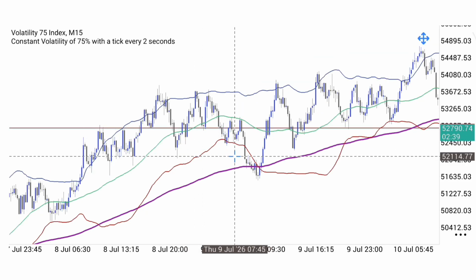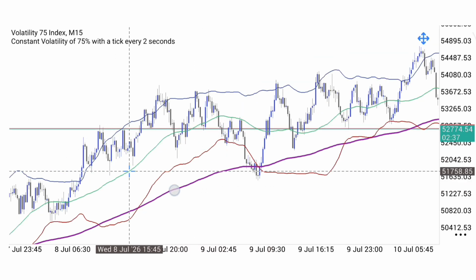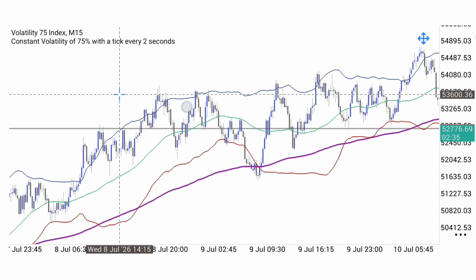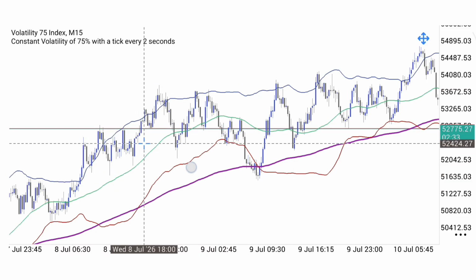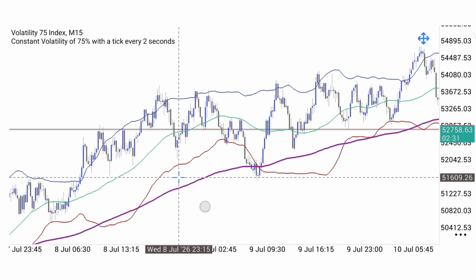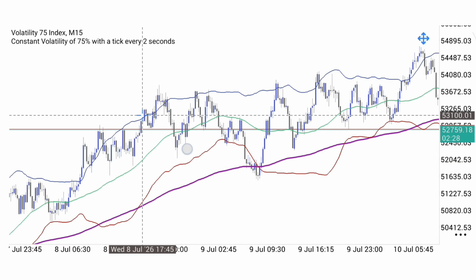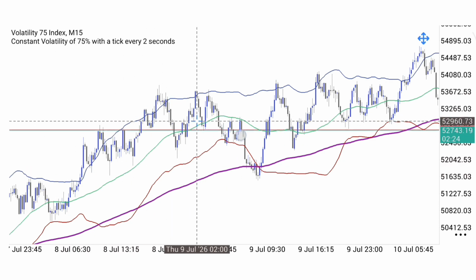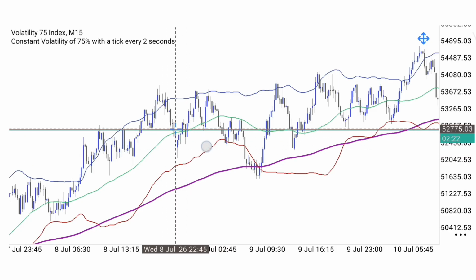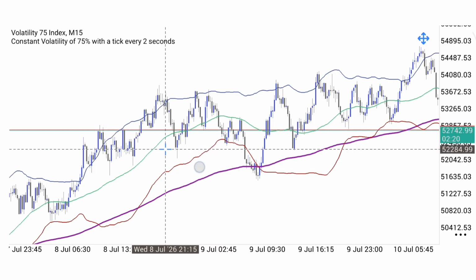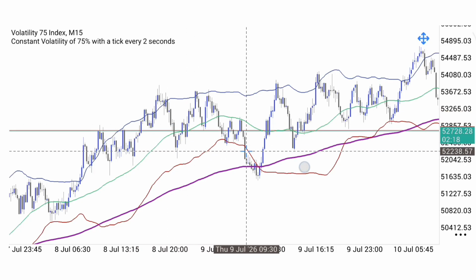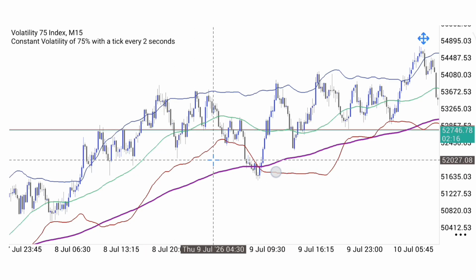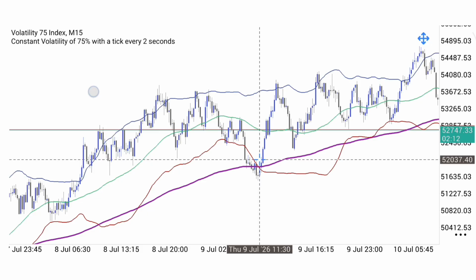So right here we have the market moving above the moving average line. You can see these green Bollinger Bands, you can see the red Bollinger Bands, all of them are above the moving average line. Now, I told you guys already that we can't trade anything that is on the green moving average line. We need to see them on the red moving average line. Now, that is not just enough.